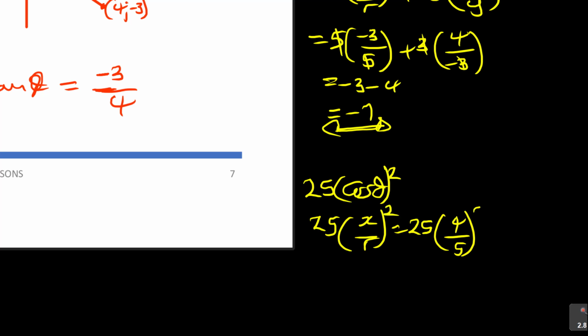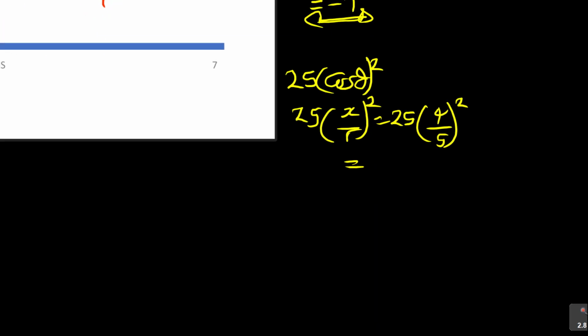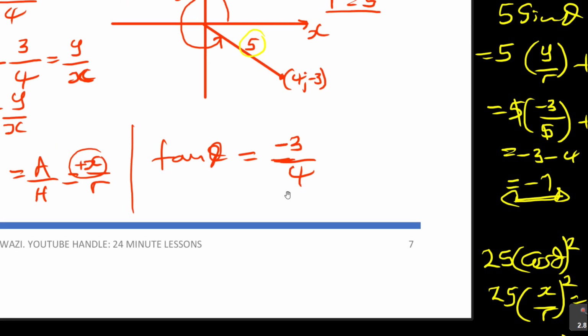Don't forget that it's squared. So when I do this, it will be 25 times 4 squared is 16 over 5 squared is 25. I think that's why they use 25. Cancel there, the answer becomes what? 16. That's it, guys.